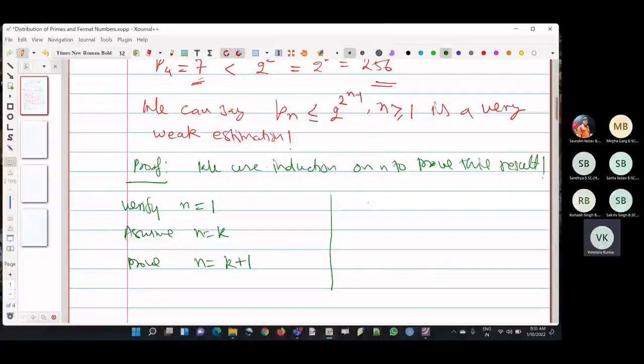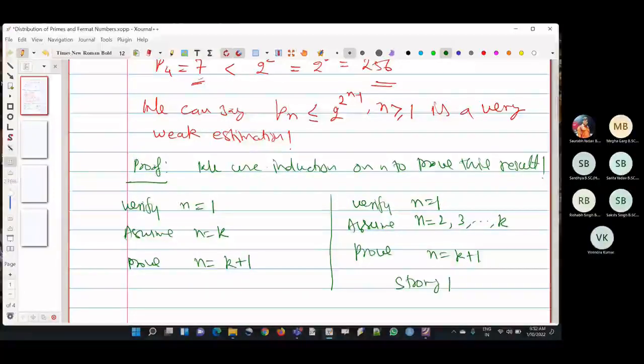So this is one thing. Another one: verify for n equals 1, and then assume the result is true for n equals 2, 3 up to k, and then prove it for n equals k plus 1. This is sometimes called strong mathematical induction.